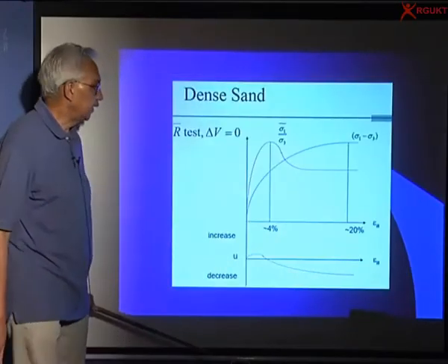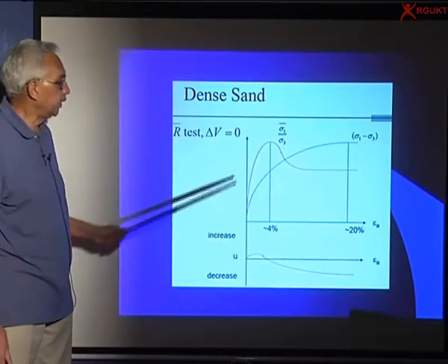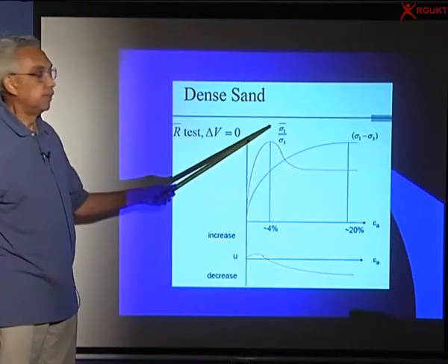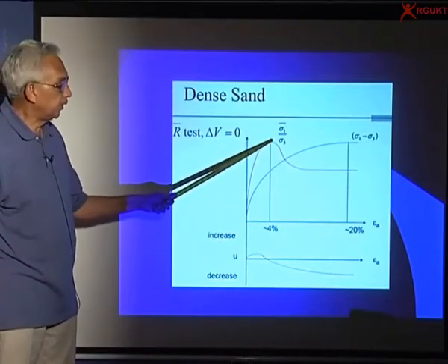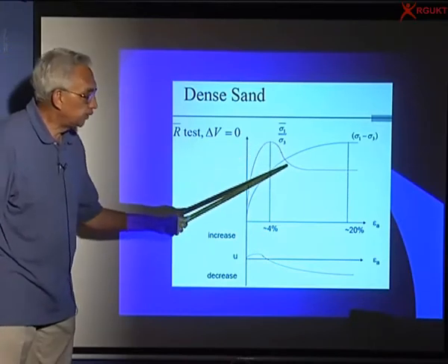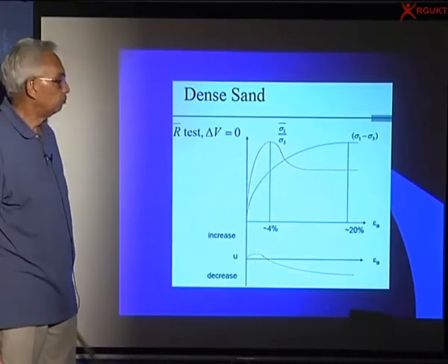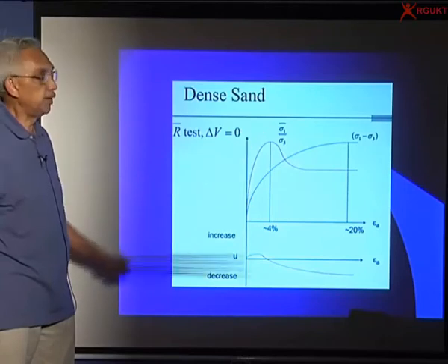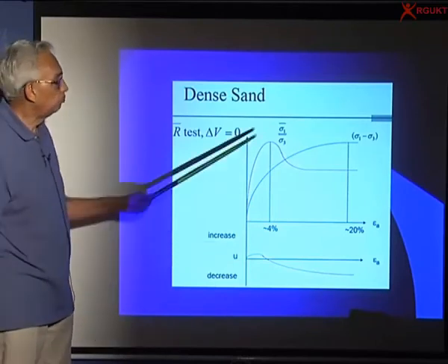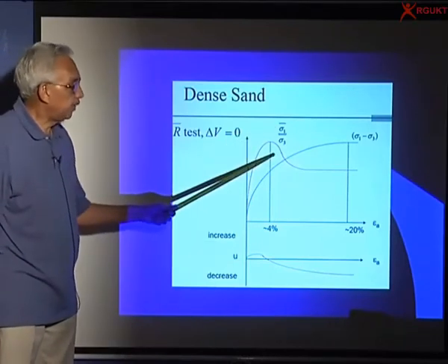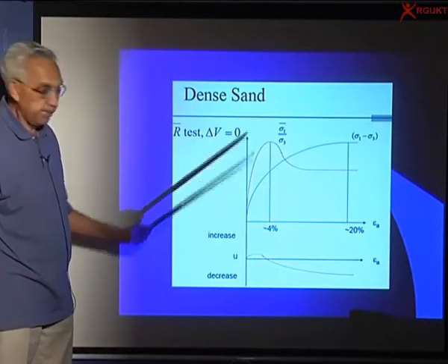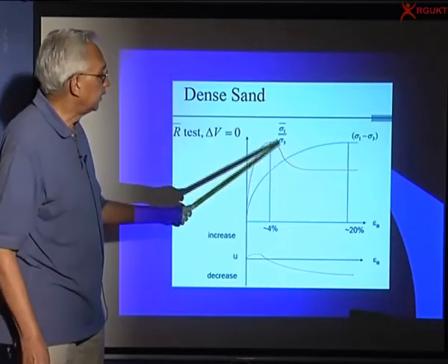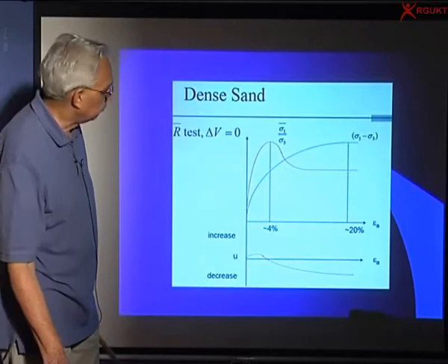This is dense sand. Of course, we have two ways of plotting. We also sometimes plot the ratio of sigma 1 by sigma 3, and you will then get a much better stress strain curve, and I can pick up the peak value better. When you have the ratio, this is a better way of plotting, and the same data we plotted earlier, in terms of the ratio you can see here.